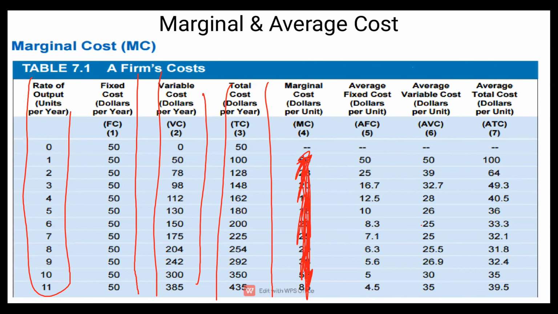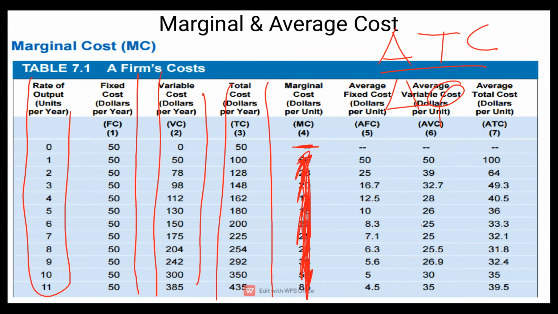Change in total cost over change in output. So the change in the total cost over the change in output, just like the one that we had yesterday, marginal revenue. The same way you treat that one. So our total cost at the first unit, when output is 0, is still 0 here.